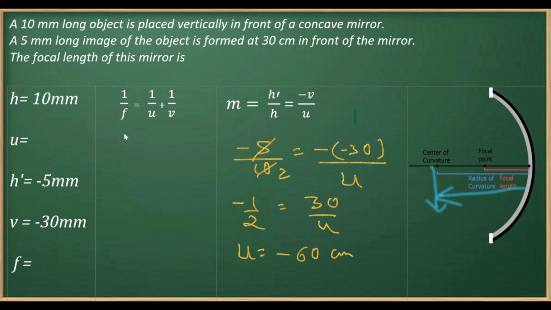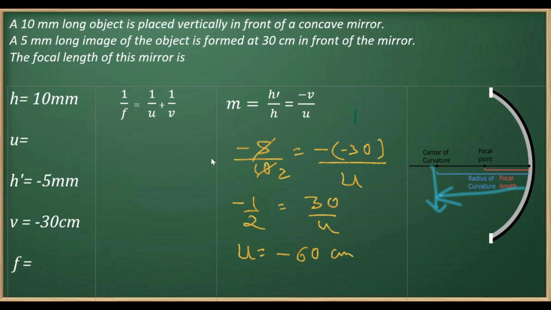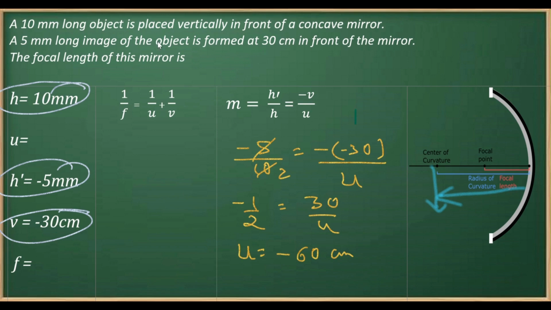Now a student can have some confusion: I wrote h in millimeter, not centimeter, so should we bring them to the same unit? You should remember that h and h dash should be in the same unit, and u and v should be in the same unit.